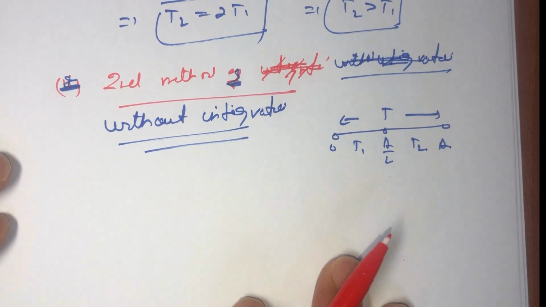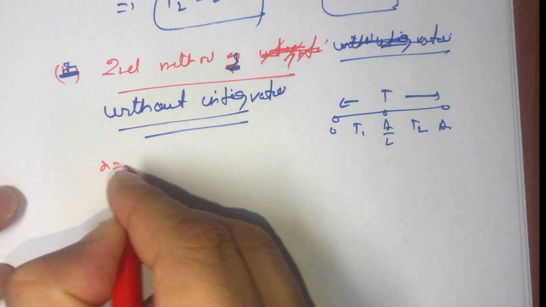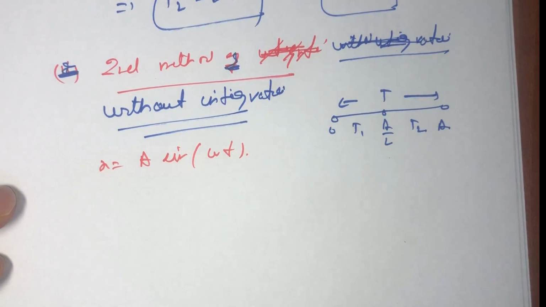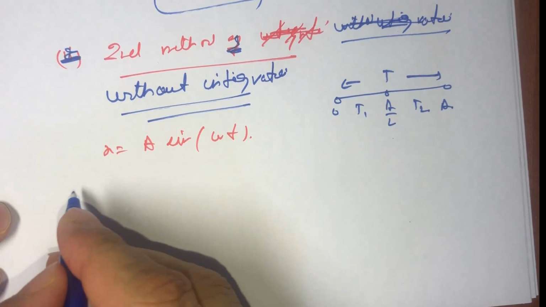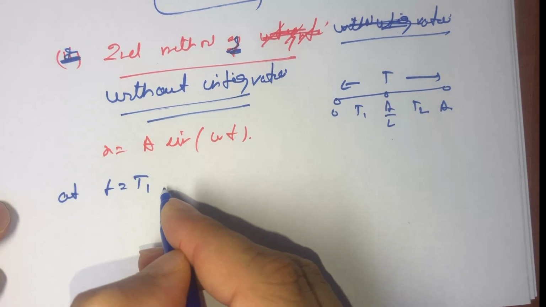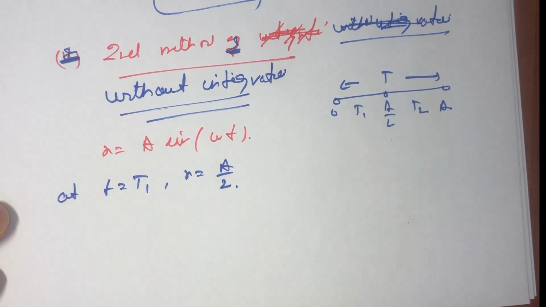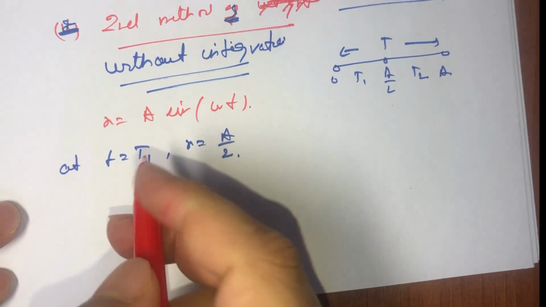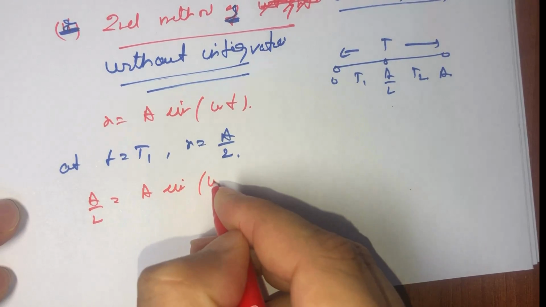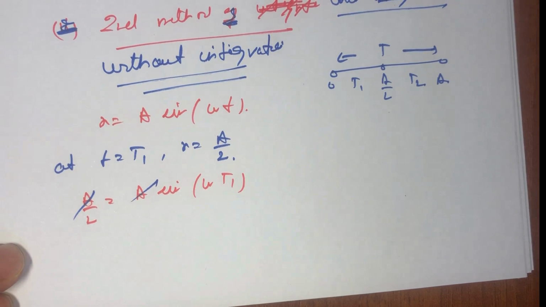So in the second method, that is without integration, we are going to use that x is equal to a sine of omega t. This is a basic relationship for SHM, and it is said that at t is equal to t1, the particle is at x is equal to a by 2. So we substitute it here, we get a by 2 equals a sine of omega t1, and a cancels out with a.